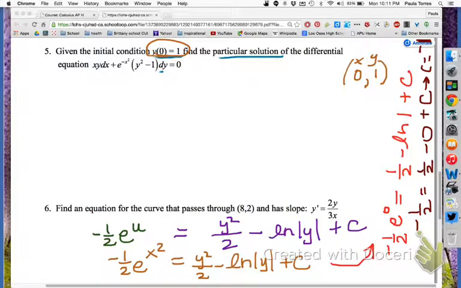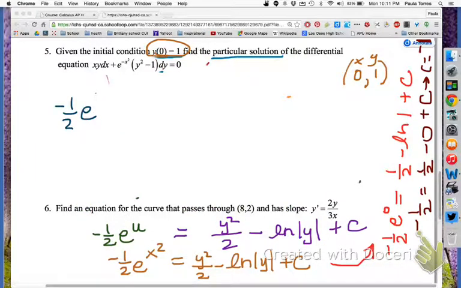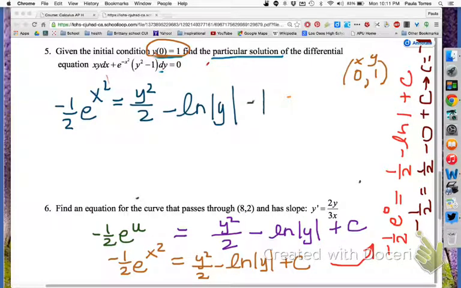So what that gives us is -1/2 e to the x squared equals y squared over 2 minus natural log of absolute value of y minus 1. And I could do some manipulating.